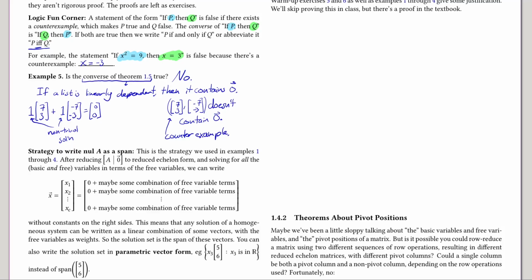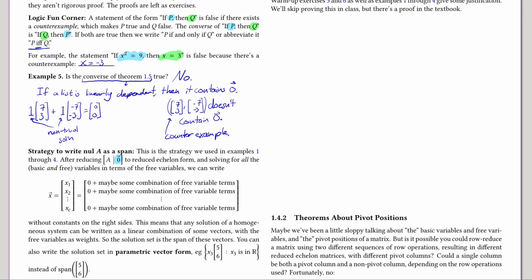We take the homogeneous equation and write it as an augmented matrix, reduce it to echelon form, and solve for all the variables in terms of the free variables. And you know when you do that, because it's homogeneous, you're not going to have any constant coefficients over here.